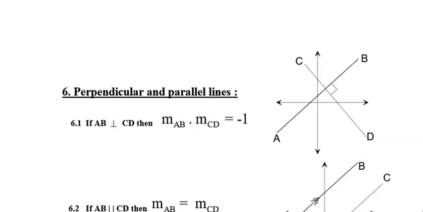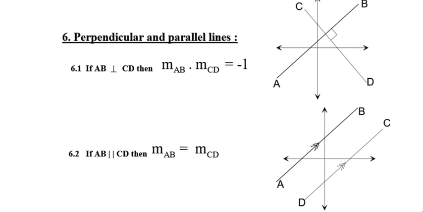The next thing involving gradients are parallel lines and perpendicular lines. So if AB is perpendicular to DC, then the product of the gradients is always equal to -1. Important fact to remember.